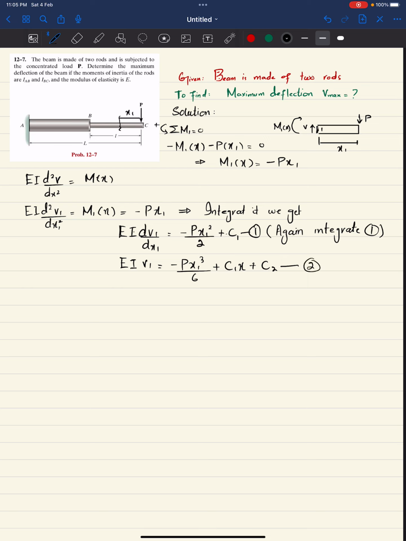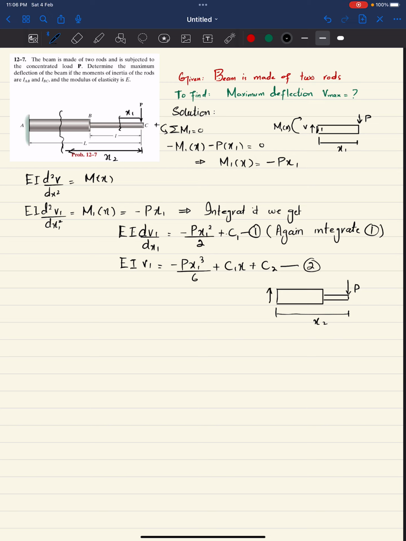Now we will cut the beam over here. Let this distance from the start be x2. We will draw the free body diagram over here. We have a larger diameter rod followed by a smaller diameter rod, and here we have a load of P acting. Now this total distance is x2.